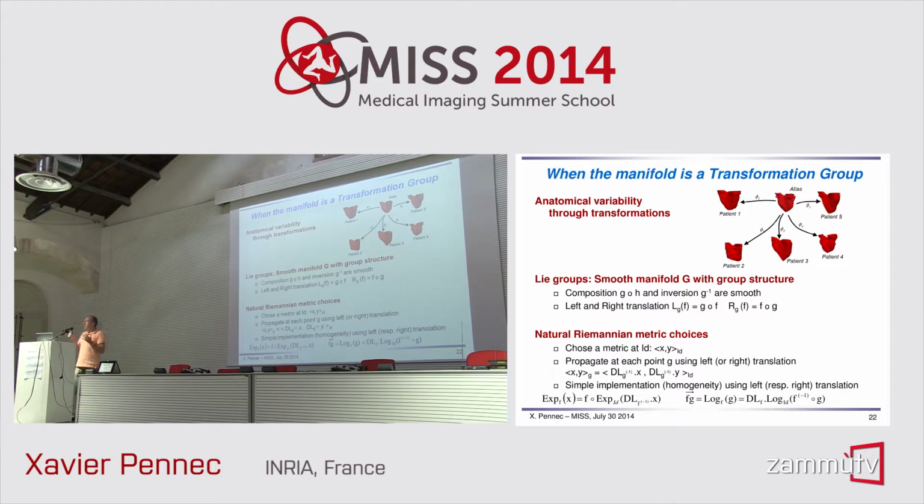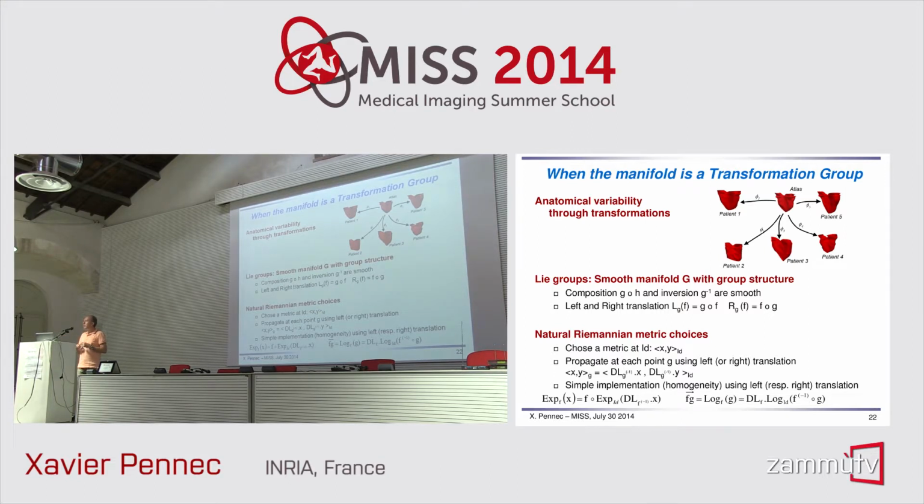So in a Lie group, if we want to put a Riemannian metric, the idea is we have the tangent plane at the identity, and to go to any element, to any transformation, we can compose on the left or on the right by this transformation. So if we have a metric in the tangent space at the identity, we can propagate it to any point of our group by left or right transformation. This is called left and right translation, even if it's rotation.